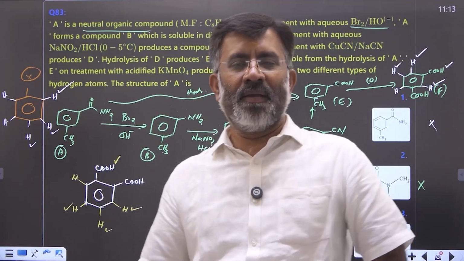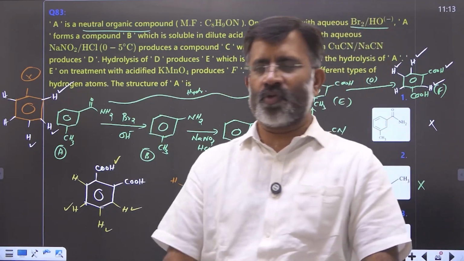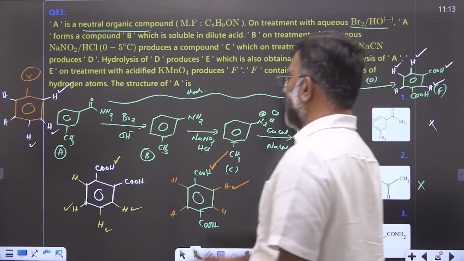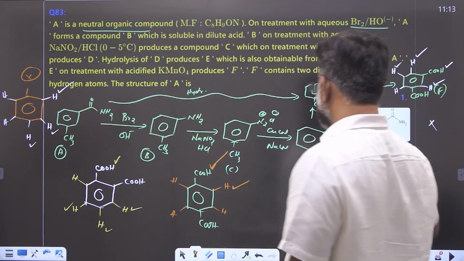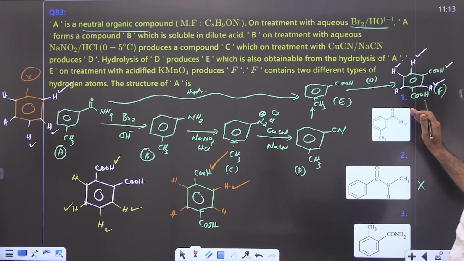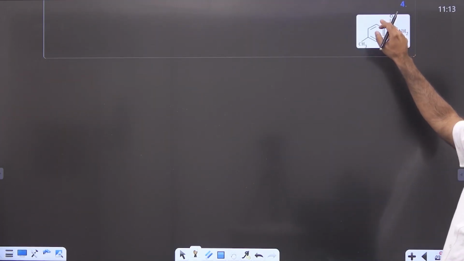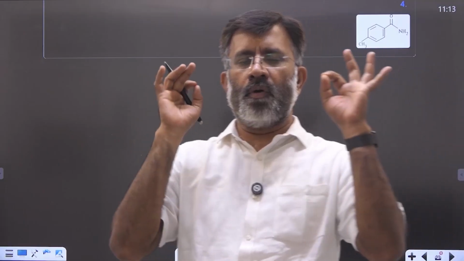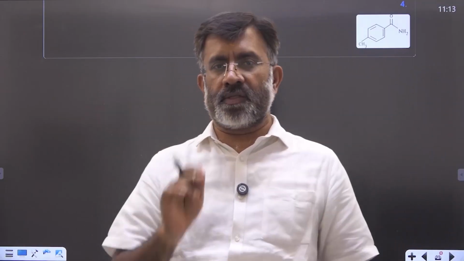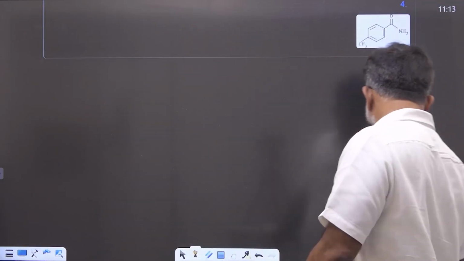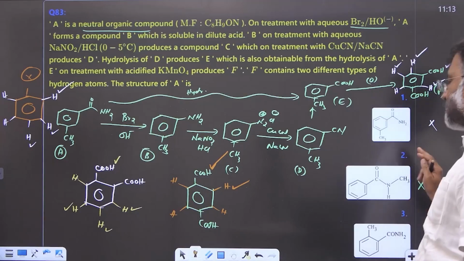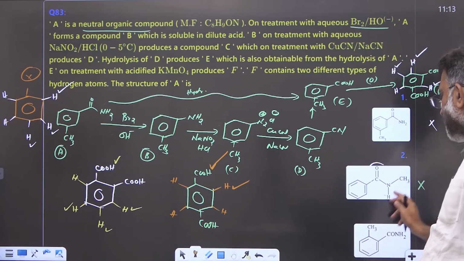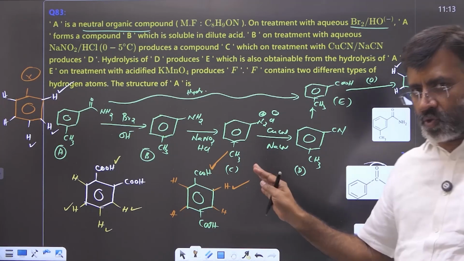And that is the basic fact in the question. So, analyzing the entire sequence, it is applicable to first choice, third choice, and fourth choice, because the reaction sequence is perfectly matching for all of them except the second choice. The second choice is a secondary amide, so that is out.